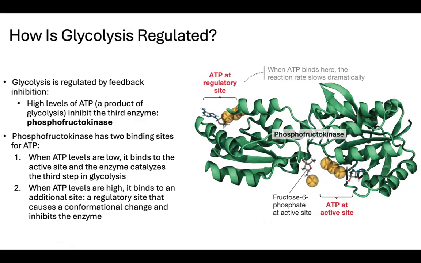And so if there's too much ATP, that excess binds enzyme number 3, which we're staring at on the screen right now. It changes its shape and it's not functioning. So now what we've done is we've slowed down the process. When ATP comes down in concentration, these ATPs will let go. This thing turns on, and now we can start up the process again.